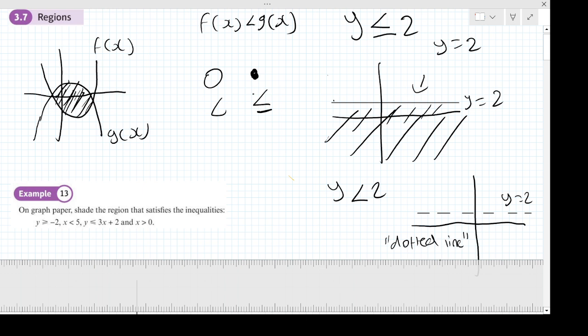So that's going to be a dotted line, which indicates a strict inequality. We use a dotted line if we want to exclude the number, right? So we want to exclude 2 from the inequality, which is what we have here because it's strictly less than 2. If we wanted to include it, then we do what's called a filled line, which means there are no gaps.